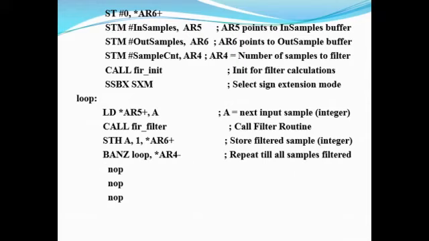Next we are going to load the input sample, then call the filter routine again. This filter is a different subprogram, a filter subroutine written for implementing a filter, and the other is for initializing a filter. So we have two different subprograms, and we call them separately in the code, and we are going to store the filtered sample, and repeat it.